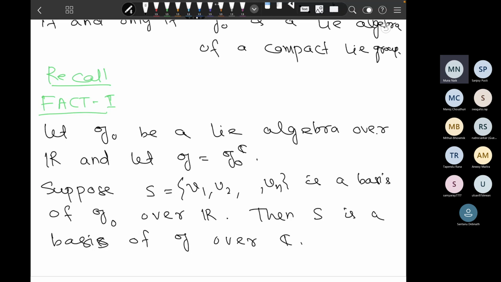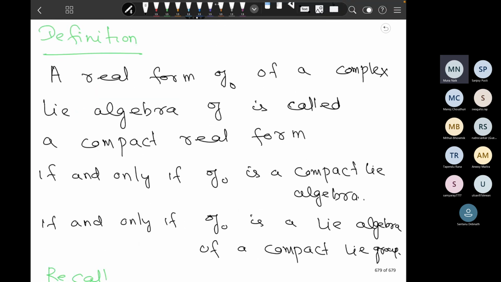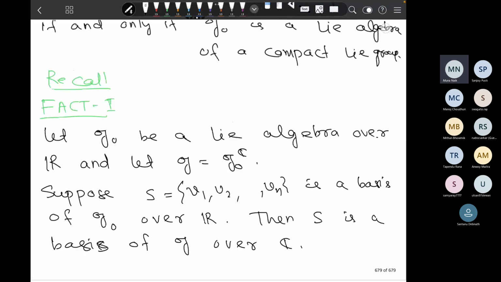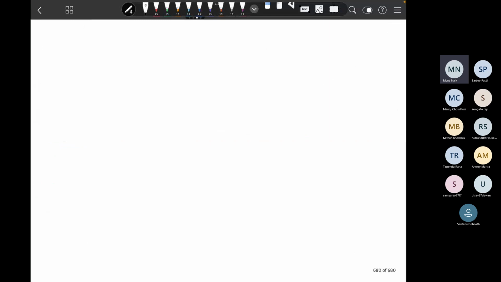Actually, the dimension of G naught over R is the same as the dimension of G over C, and from there you use this fact to prove this. So fact one and fact two is something.